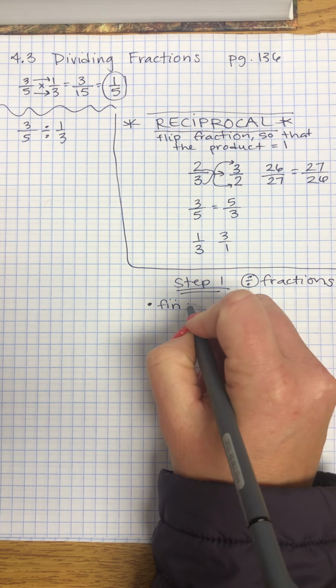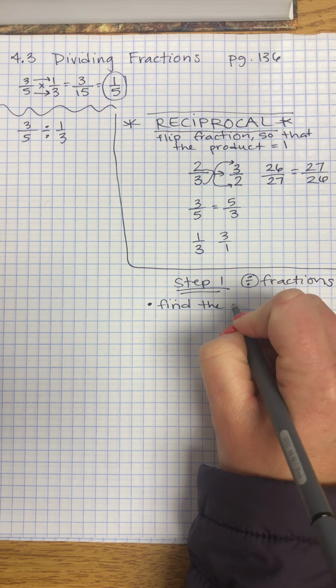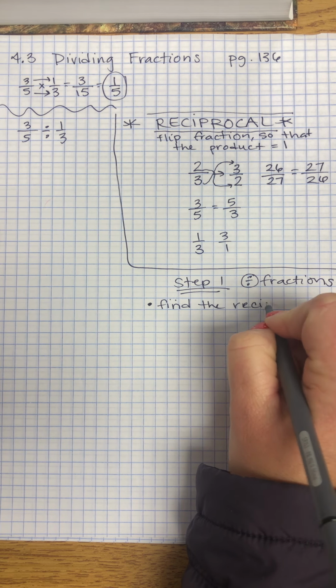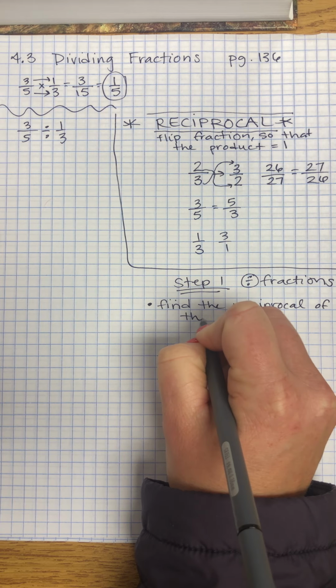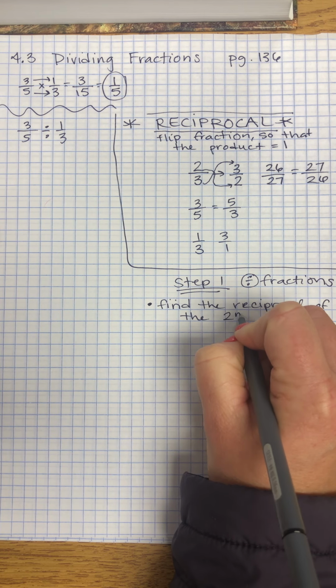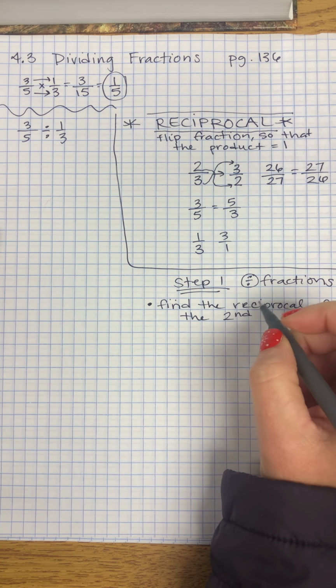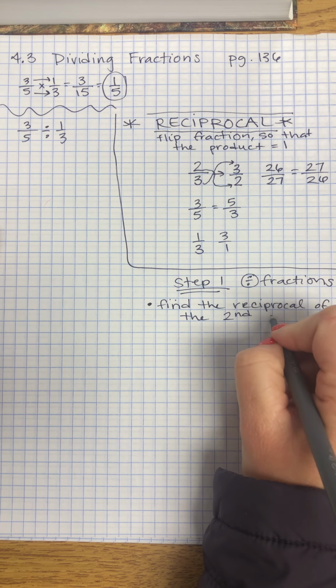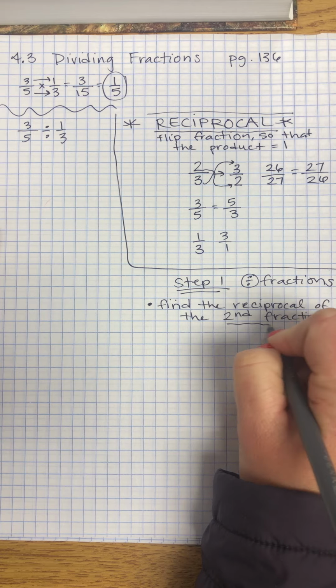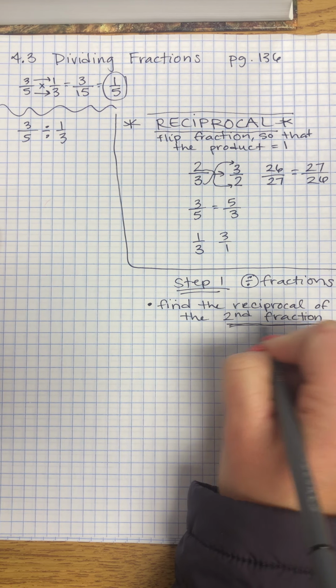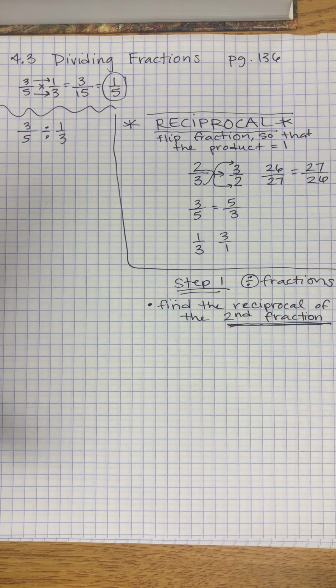Find the reciprocal of the second fraction. These are your notes, so you should write what's going to help you. Now I'm going to underline second fraction because that's important. We are only flipping one fraction, and it is always the one after the division sign.